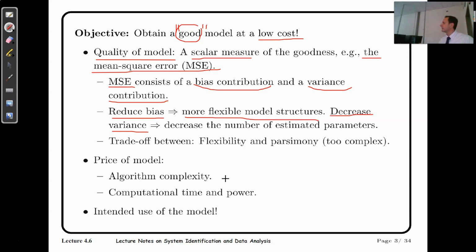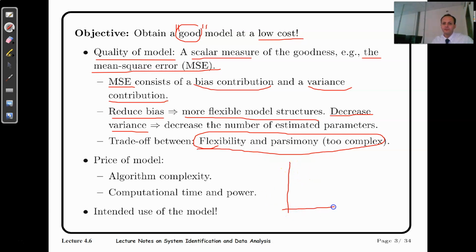So again, it's a trade-off. It should be flexible, but not too complex.